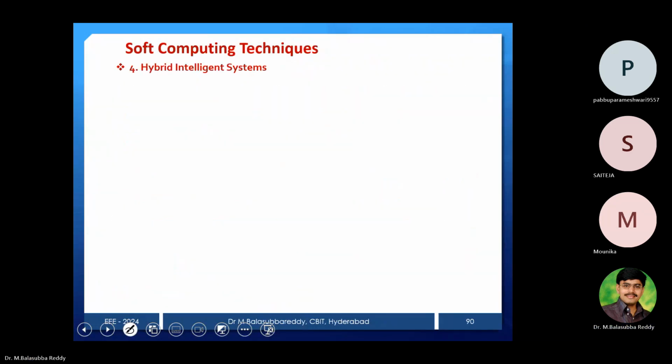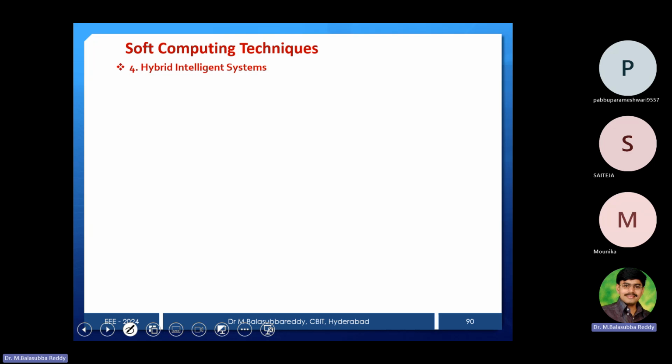And then hybrid intelligence system. What is the difference between the hybrid system and a normal system? As I said in power electronics, we have a lot of components: BJT, MOSFET, IGBT, MCT, SCRs, like that.